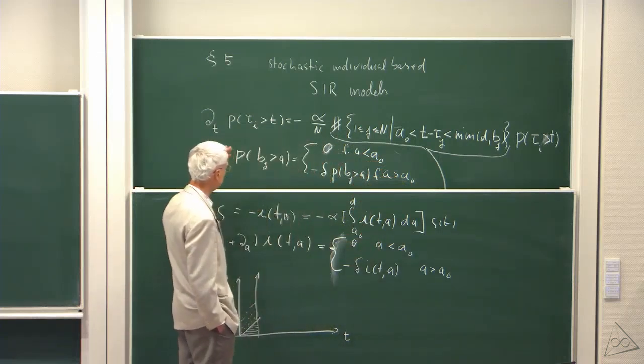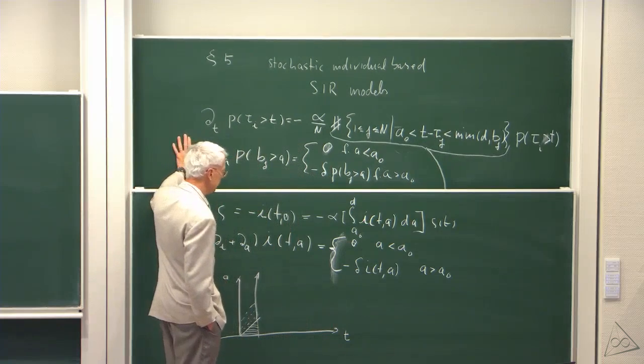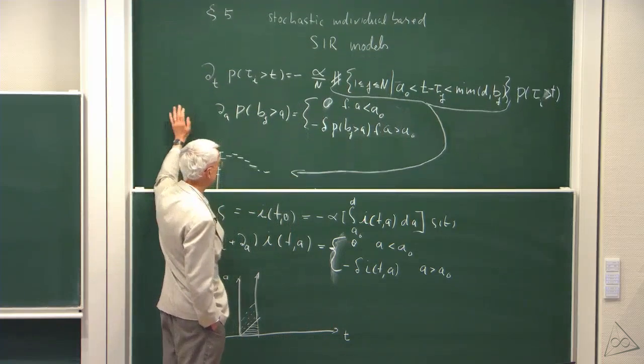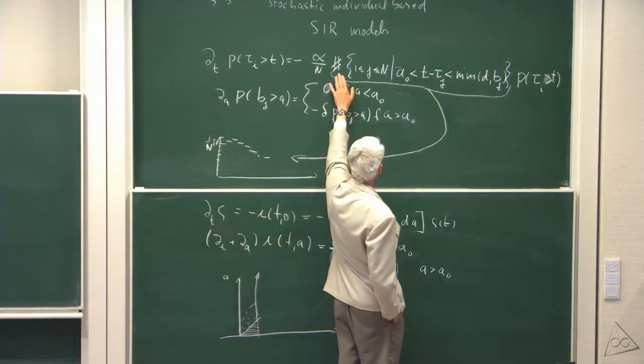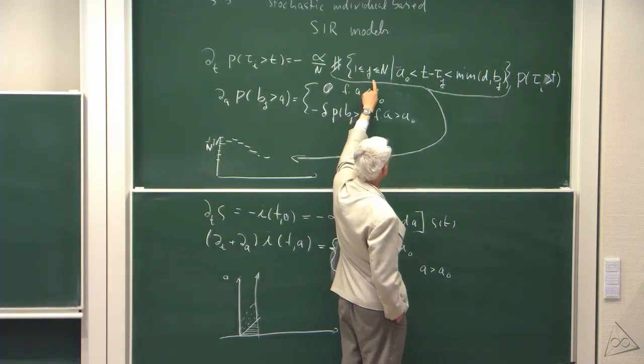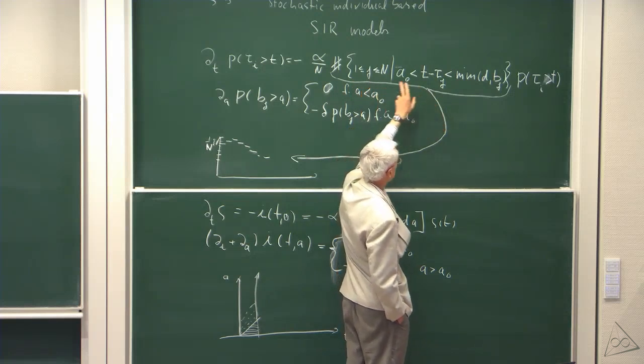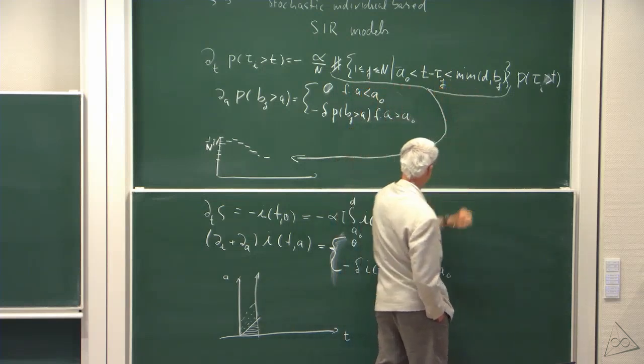So you will have a process, and the picture of this process, I'm giving that only in terms of this one here. This means the number of individuals J which are infectious, and that is the condition for being infectious.